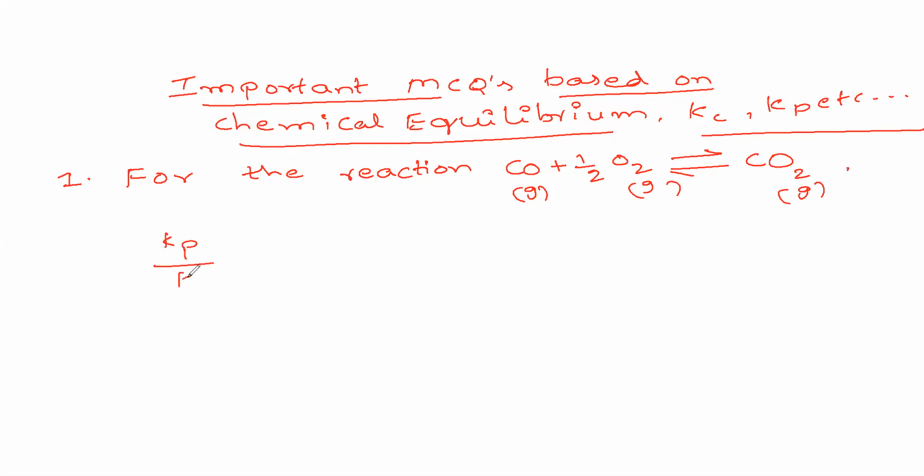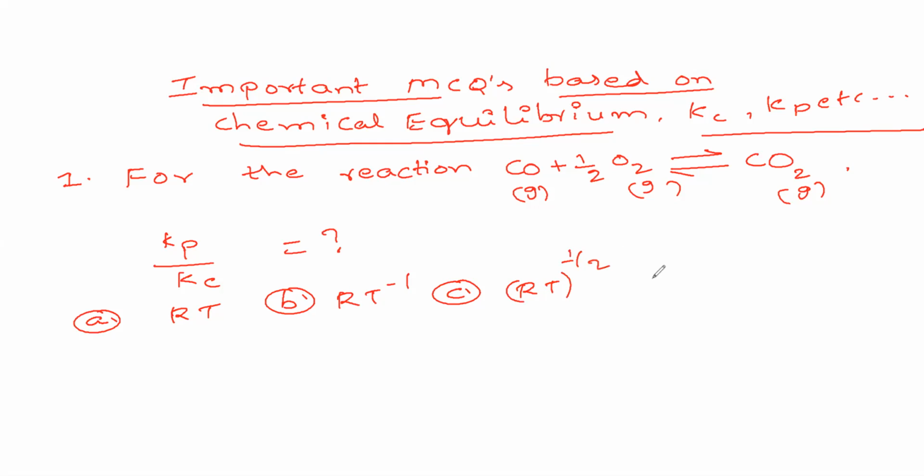Kp by Kc. So far we have not done this type of model, that's why I want to discuss it. So Kp by Kc is equal to how much? Option A is RT. Option B, RT to the power minus 1. Option C, RT to the power minus 1 by 2. Option D, RT to the power 1 by 2.